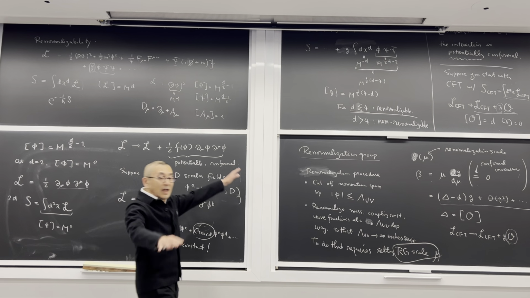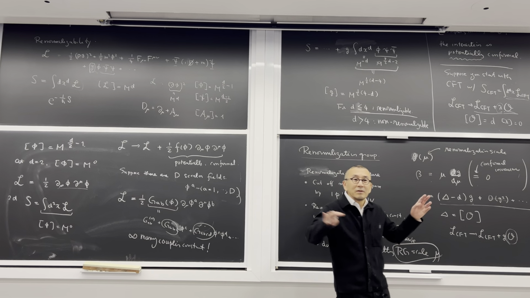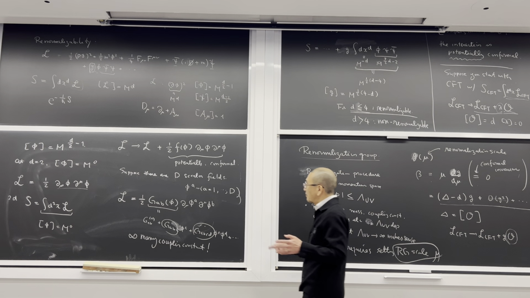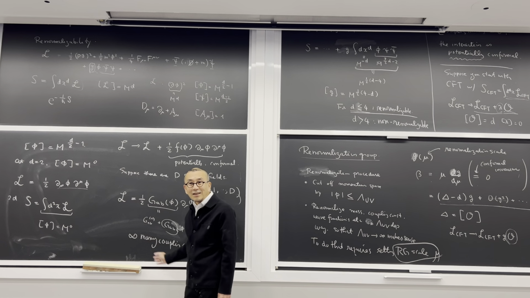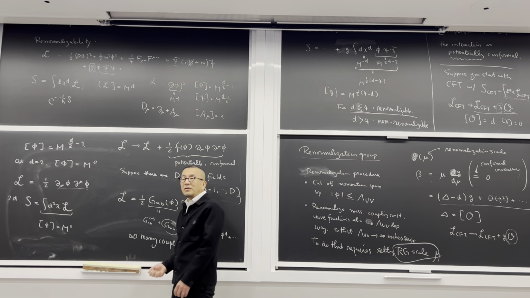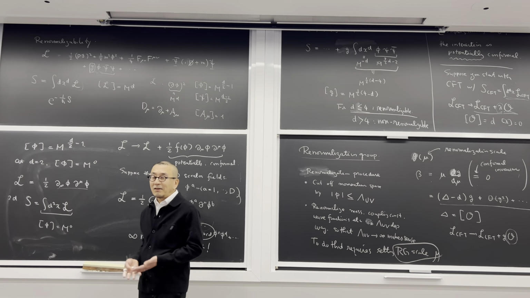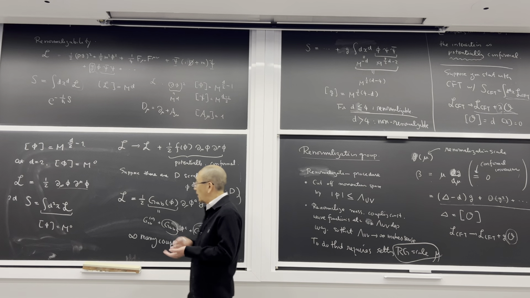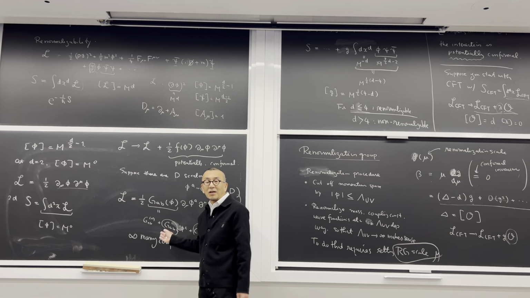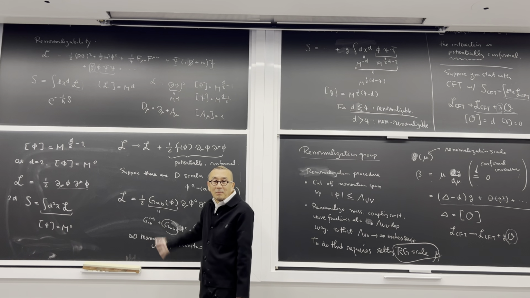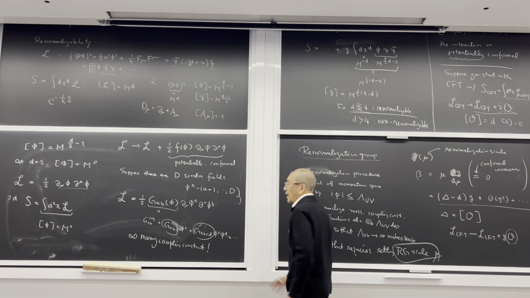So, but there is nothing preventing you from doing a perturbative calculation with this Lagrangian and doing the renormalization. The renormalization procedure works perfectly because all the interactions have zero mass dimension, so these are renormalizable.